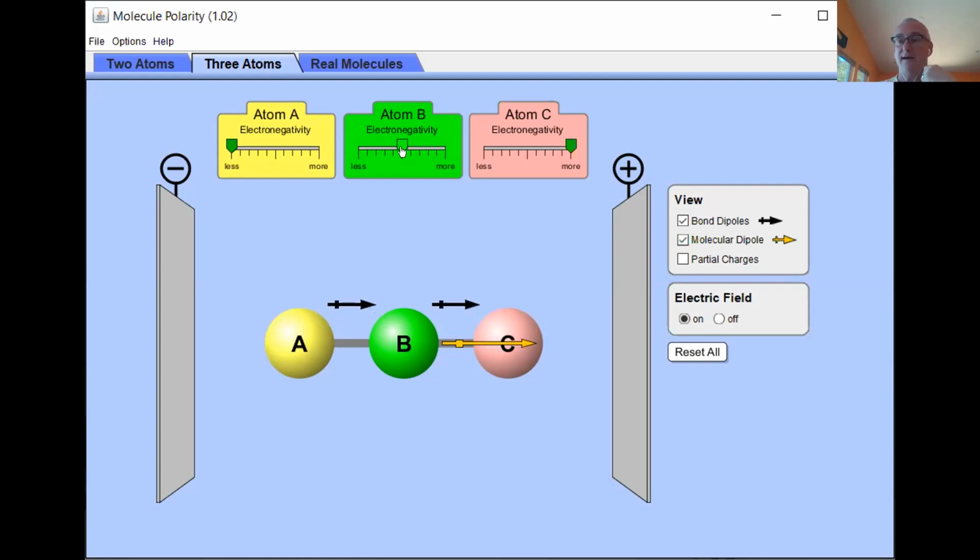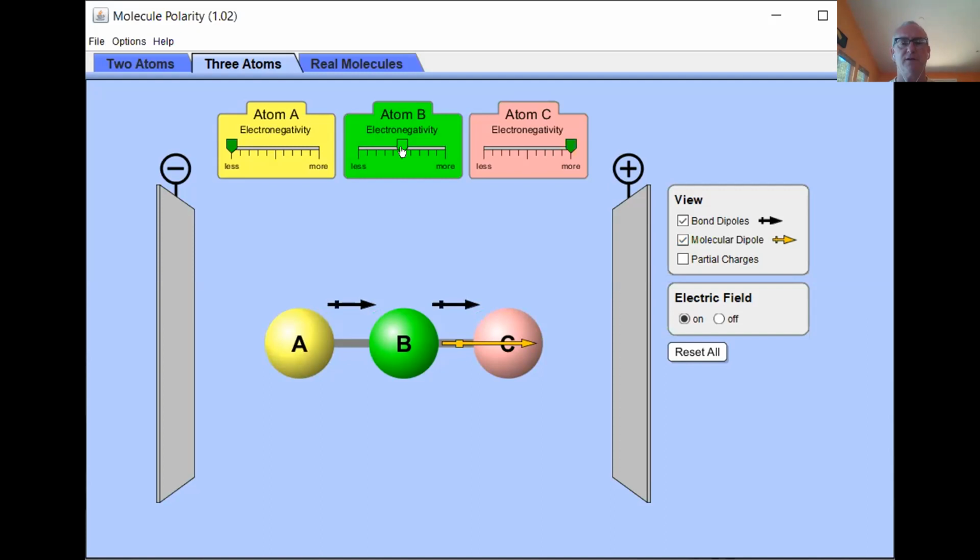And that's what we've got here. So I've got two bond dipoles, both pointing towards C. And so this is not a molecule that's the same all the way around.